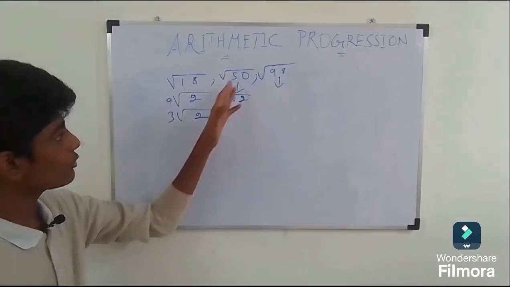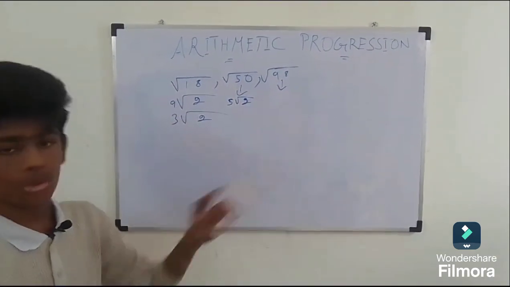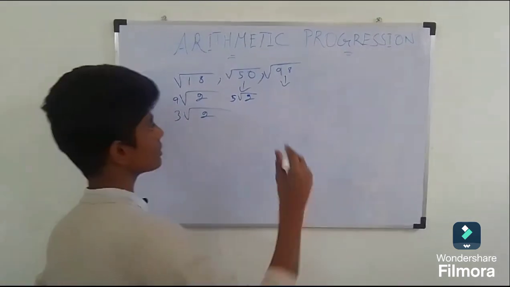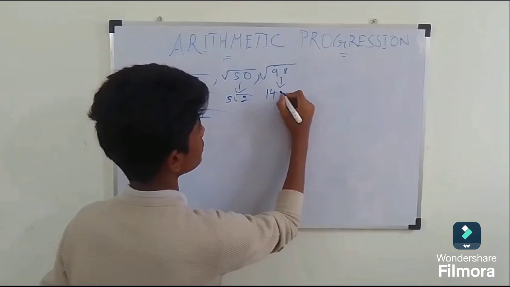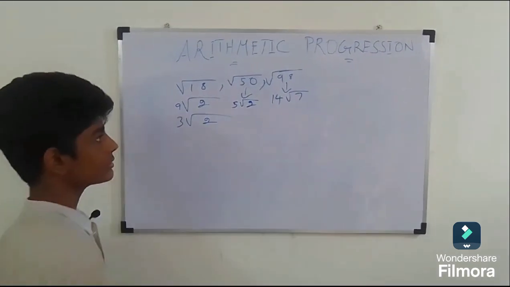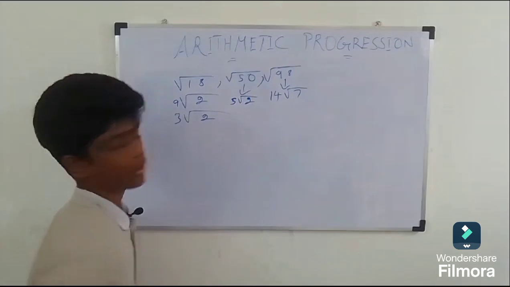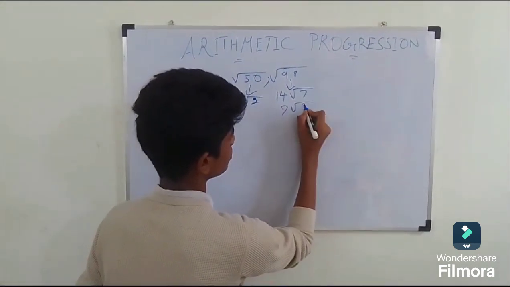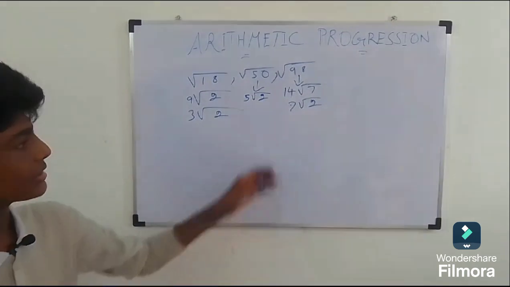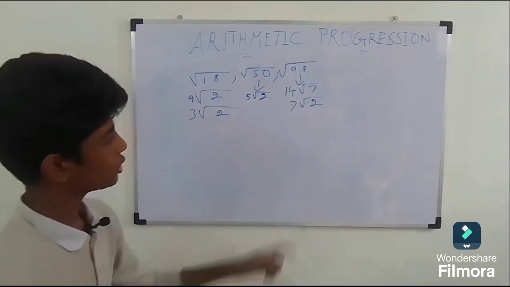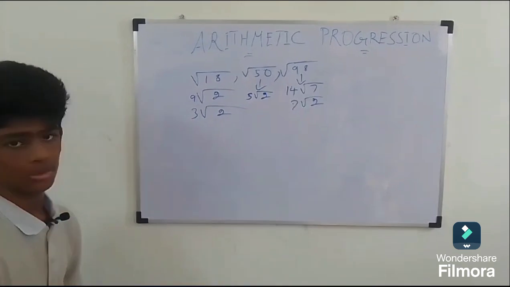As I told you, for 50 you need to know the two numbers which multiply to 98, which is 14 times 7. And what's the square root for 14? 7 2s are 14, so 7 square root 2, because 7 2s are 14, 14 7s are 98. So this is how you simplify these square roots.